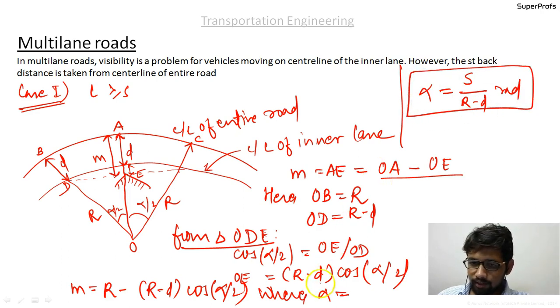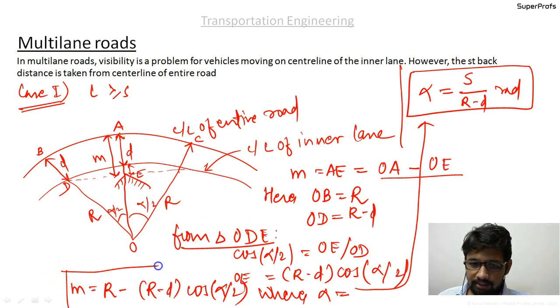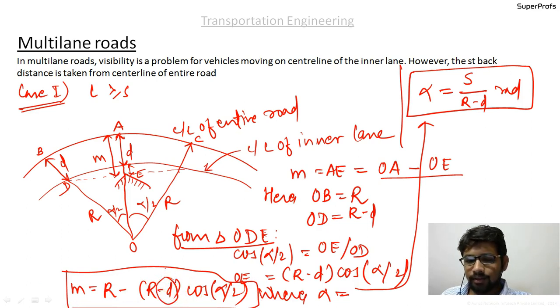Here I have written alpha equal to S upon R minus d. I hope you are now understanding that this formula of setback distance is exactly the same as our previous one, except for this additional d that has been subtracted, which is the distance between the center line of the entire road and the center line of the inner lane. I hope you also understood the reason for that.